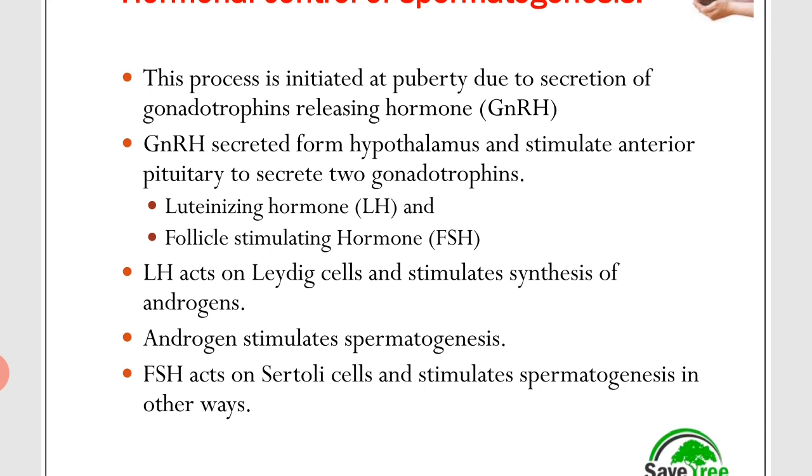Now once the hormonal regulation of spermatogenesis is over, finally sperms are produced. Now it's time to see the structure of sperms. A sperm, as you know, is a microscopic structure composed mainly of head, neck, middle piece and tail.